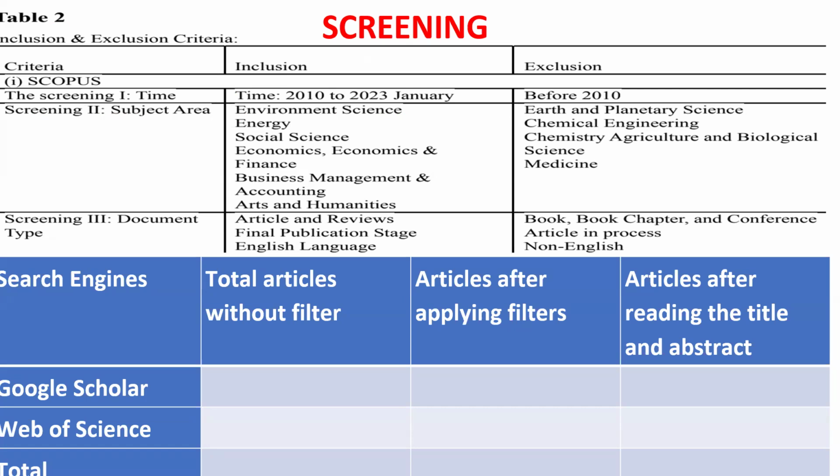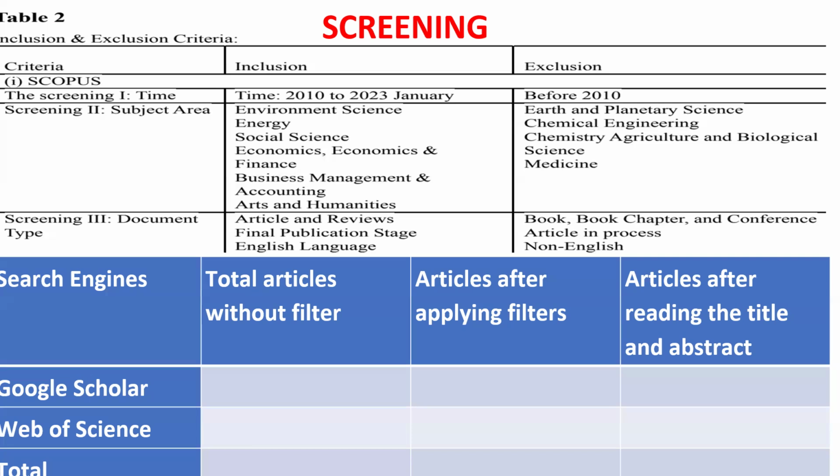Number two, subject area. In paid databases, you have subject areas: environmental science, ecology, energy, whatever subject area you want to choose. If you click those only, similar articles on that subject area will come, and others will be avoided. So what is included and what is excluded, you have to identify.